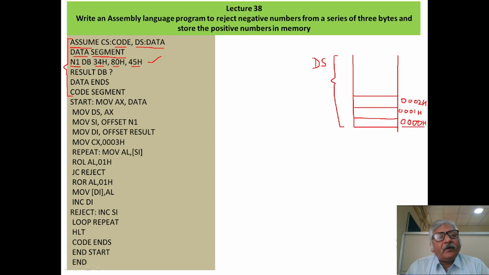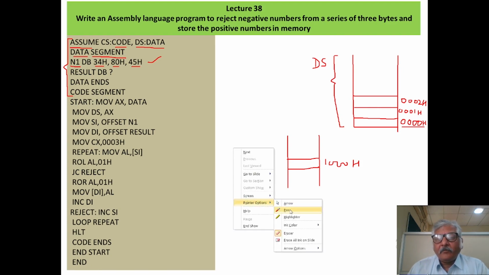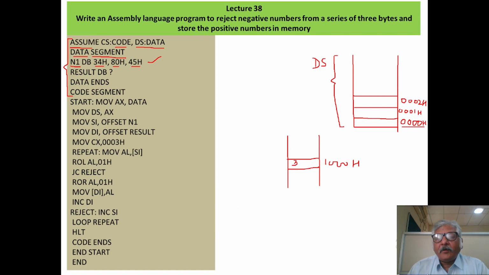Now, if at any point of time we want our numbers to be stored from a location, let us assume 1000H. Here we want to store our first number in the data segment. Suppose this is my data segment and this is the 1000H location. Here I want to store the first number, 34H.